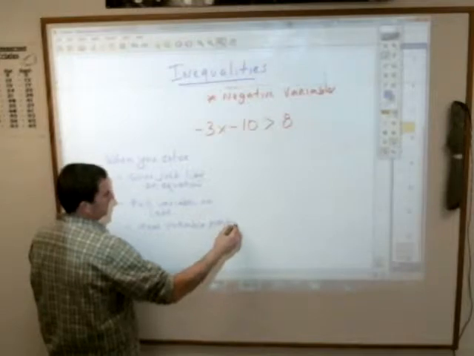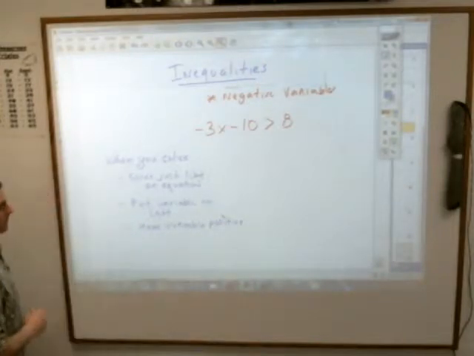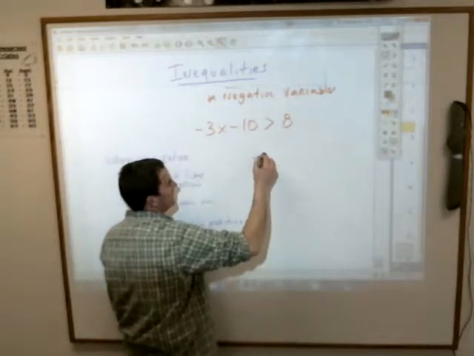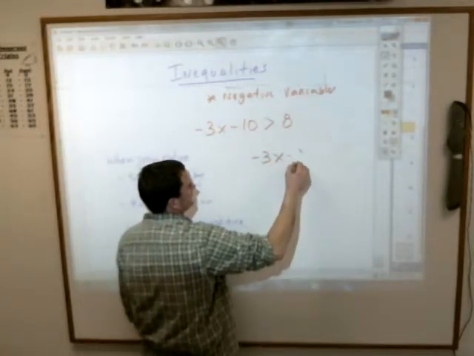I'll give you a chance to get that all written down. The variable has to be on the left side and it must be positive.